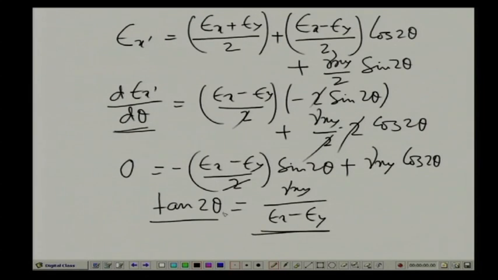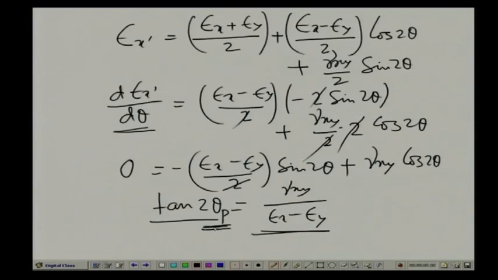Now, let us call this angle with the suffix p. The maximum normal strain we generally designate as principal strain, as we had done in the case of stresses, where the maximum normal stress and the minimum normal stress are designated as principal stresses. Here, the maximum normal strains we call principal strains, and their orientation angles are denoted as theta p.